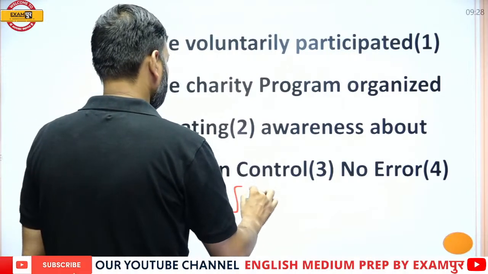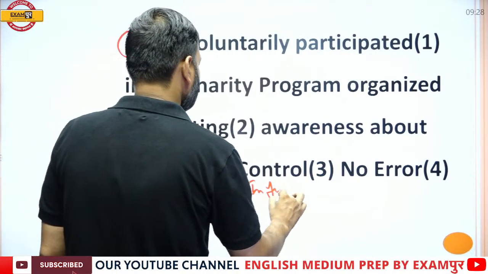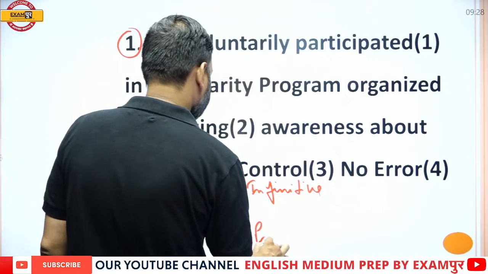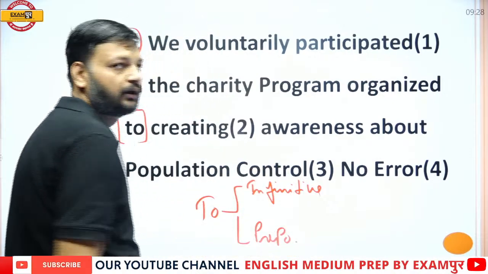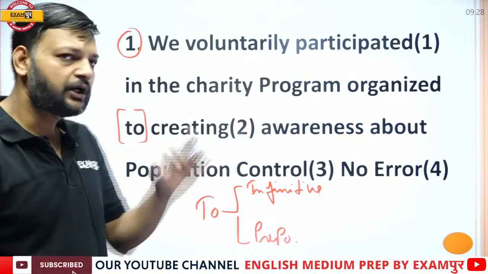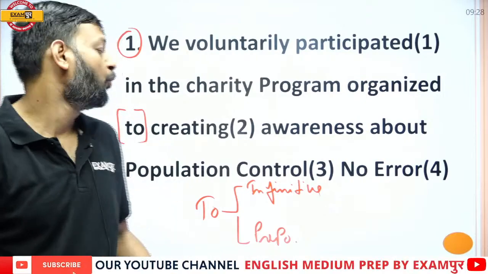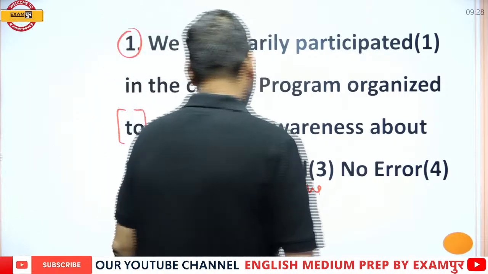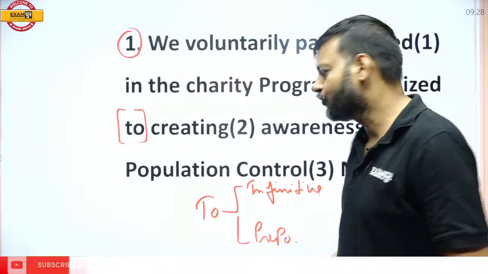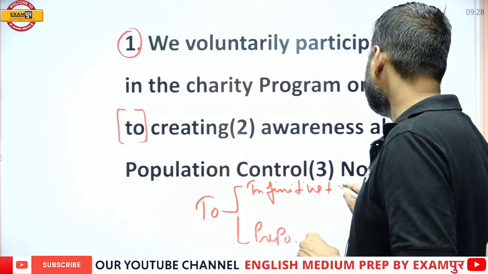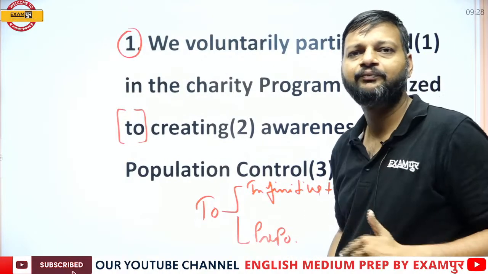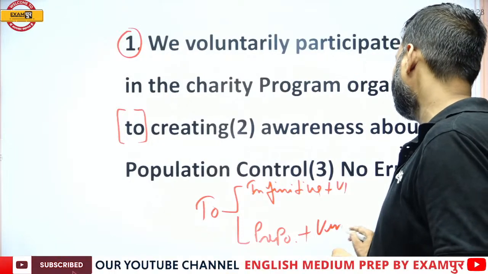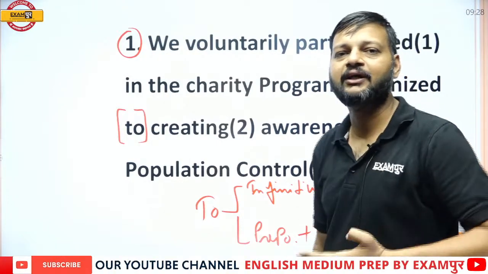To is not only an infinitive but also a preposition. One, it is infinitive, and second, it is a preposition. So when to is used as an infinitive, it is followed by first form of verb. But when to is a preposition, it is followed by ing, that is gerund.